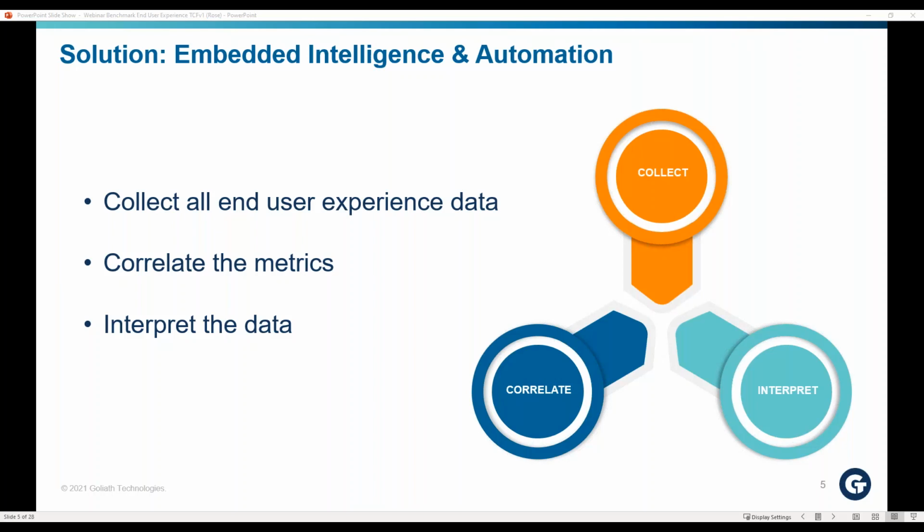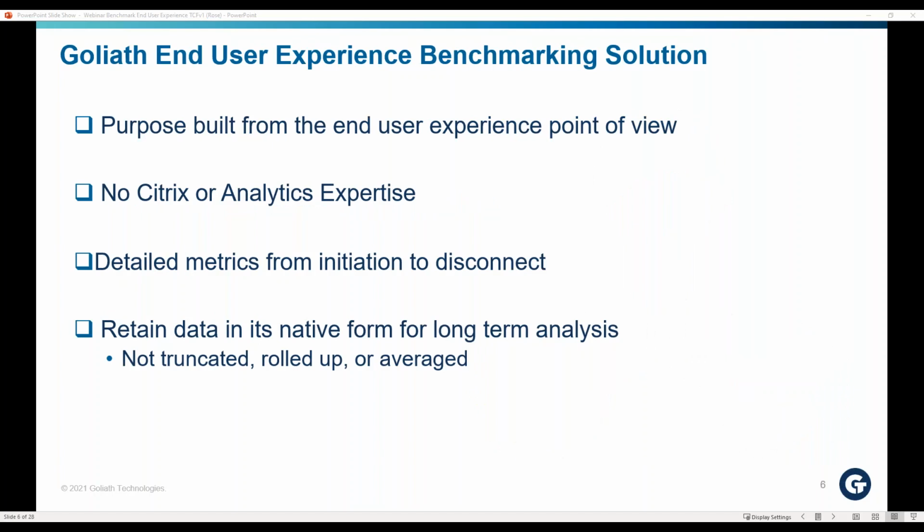So if you go to the next slide, talking more specifically about the solution. We have a product and services, of course, that are purpose-built from the end user's experience point of view, and that's important. As I said, network tools will tell you how the network is performing, but you don't know by looking at the network performance if there's enough network or if it's impacting the end user's experience, right?